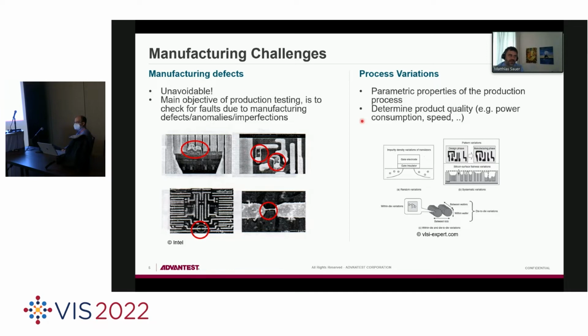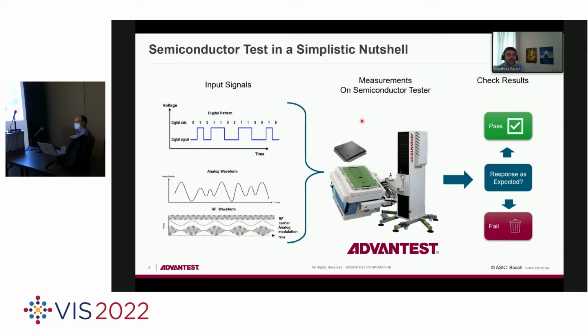So this is happening, and essentially the process of semiconductor testing, in a nutshell, is quite simple. You produce input signals, you apply them using complex machinery, a tester, to the device, to the chip, and then you check at the end of the day whether the response of the device is as expected.